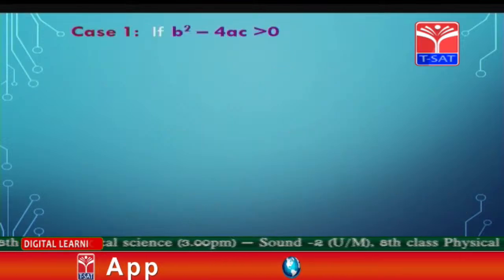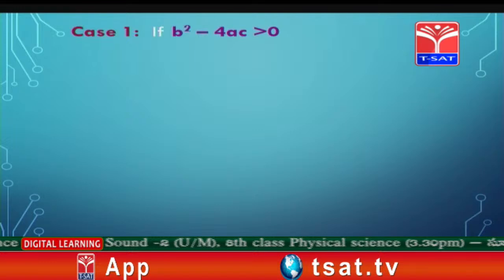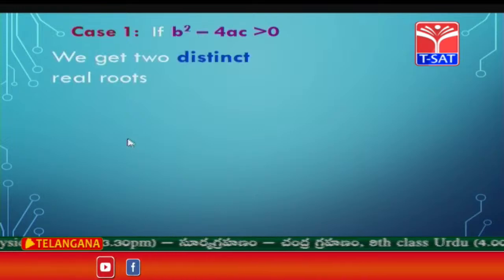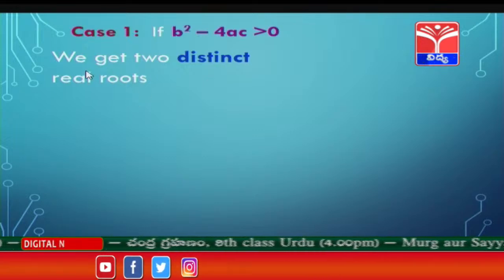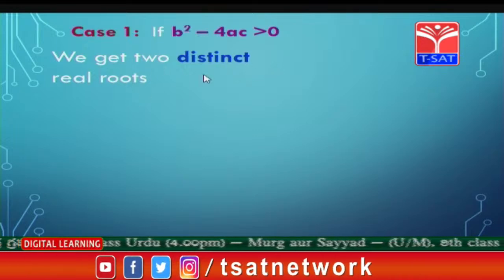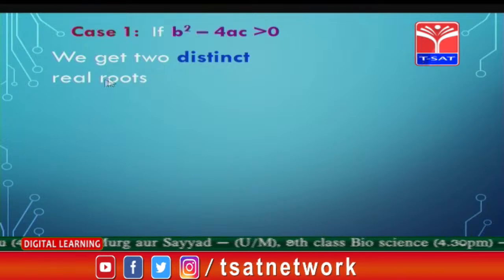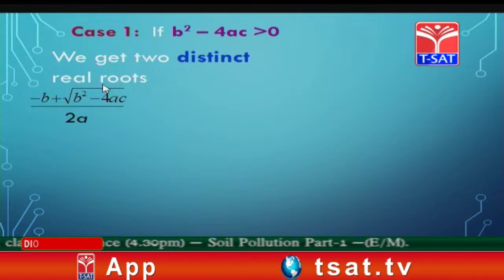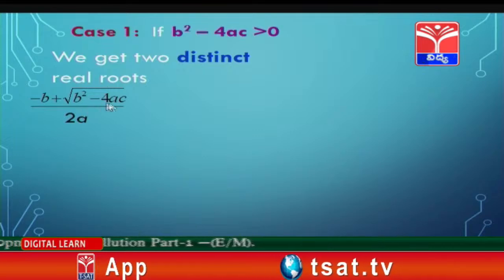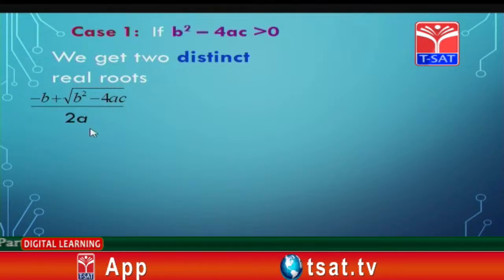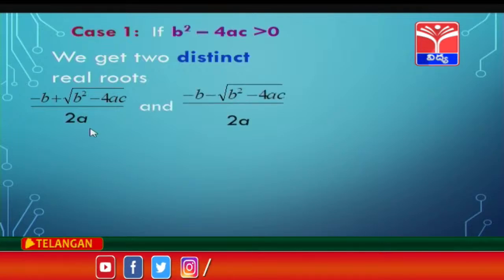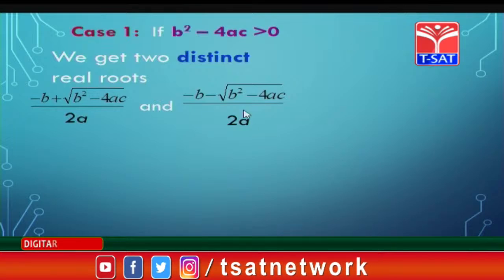In case 1, when b square minus 4ac is greater than 0, then we get two distinct real roots. Two distinct means different, two distinct real roots, and the roots would be minus b plus or minus under root b square minus 4ac by 2a, and minus b minus under root b square minus 4ac by 2a.